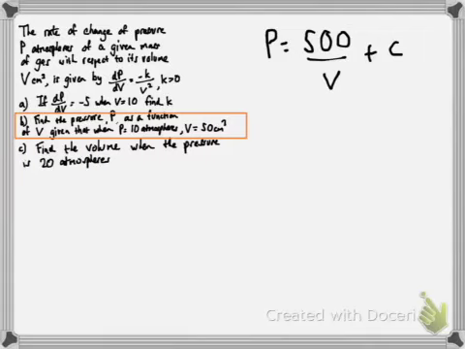And be careful with that, because I've seen people look at that before and go, find the pressure, and they're looking for a value. What it's asking there is find an equation for pressure as a function of V. We're given P equals 10, V equals 50 cubic centimetres.